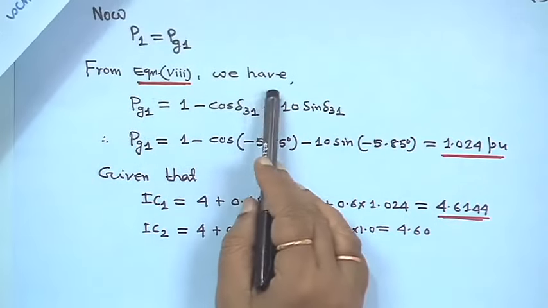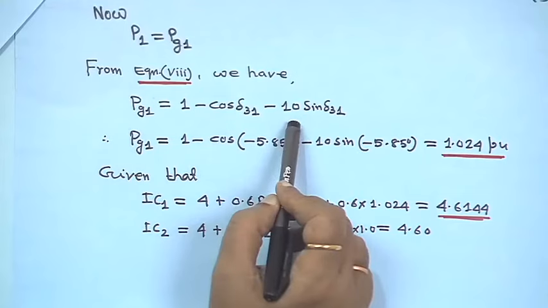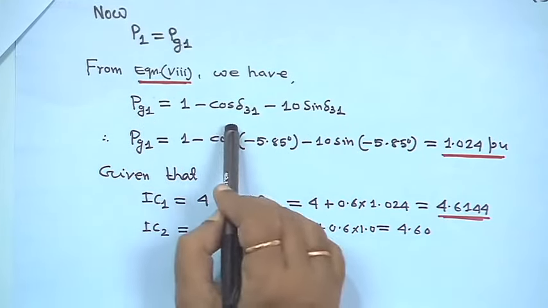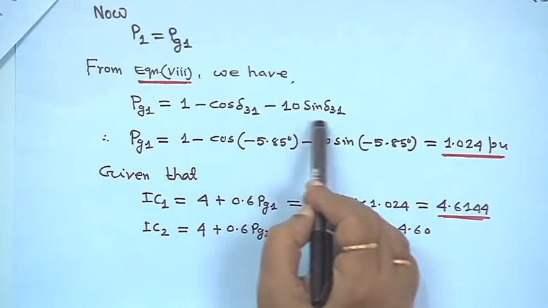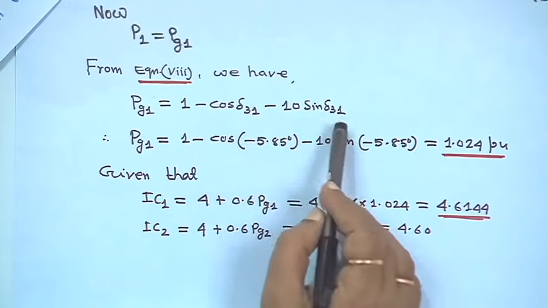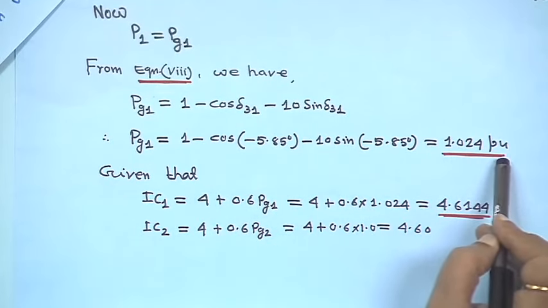So, from equation 8, as P1 is equal to Pg1, actually P1 is equal to this expression that was given. So, that is actually writing Pg1 is equal to 1 minus cosine delta 31 minus 10 sin delta 31. So, Pg1 after putting delta 31 values, we are getting actually 1.024 per unit, right.